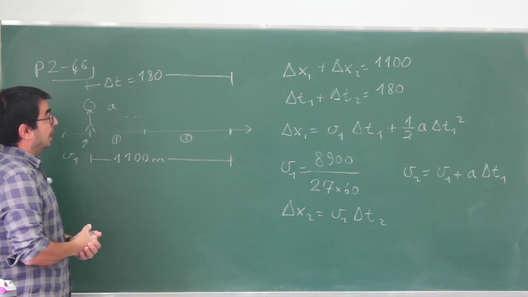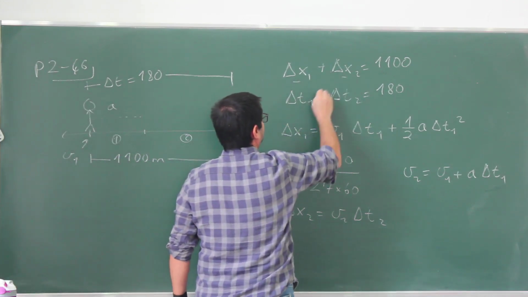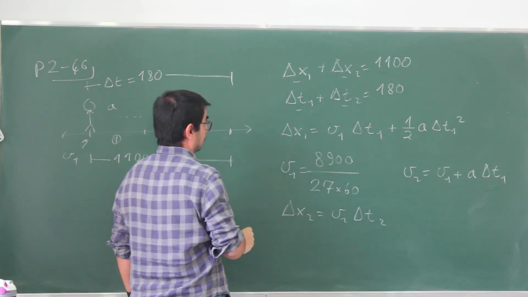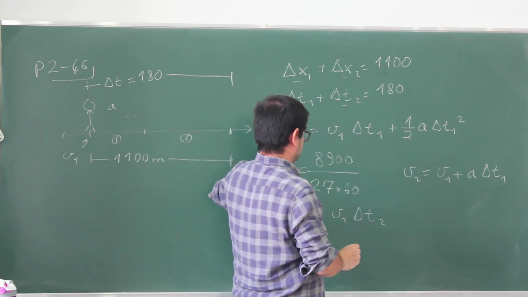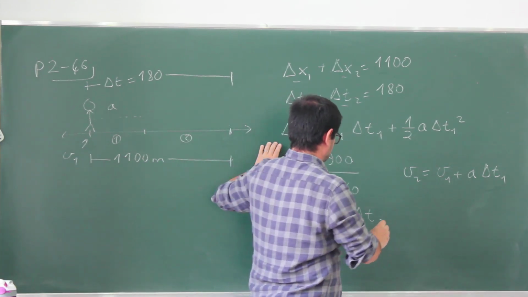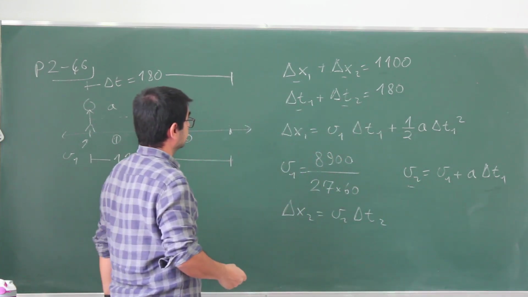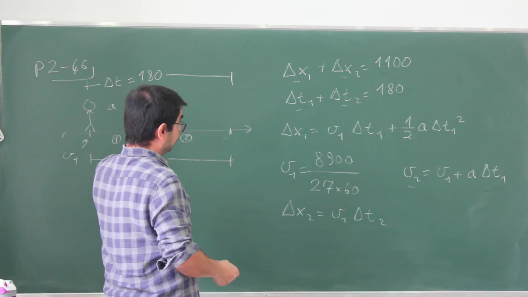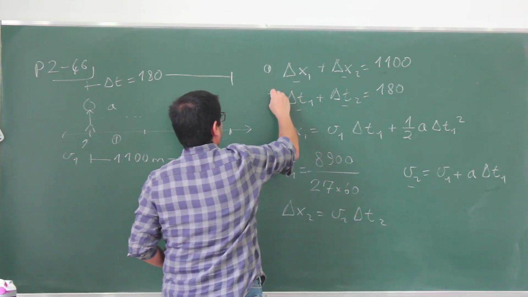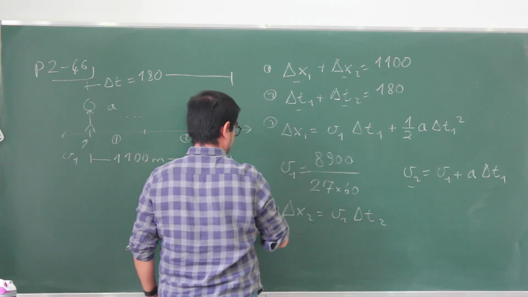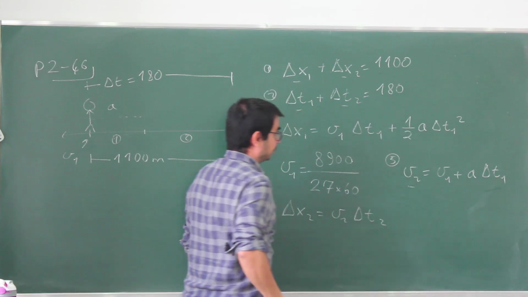So how many equations and how many unknowns? Now I have 1, 2, 3, 4. This is a known. 3, but I have this equation. 5 equations. And 1, 2, 3, 4. 5 equations for 5 unknowns.